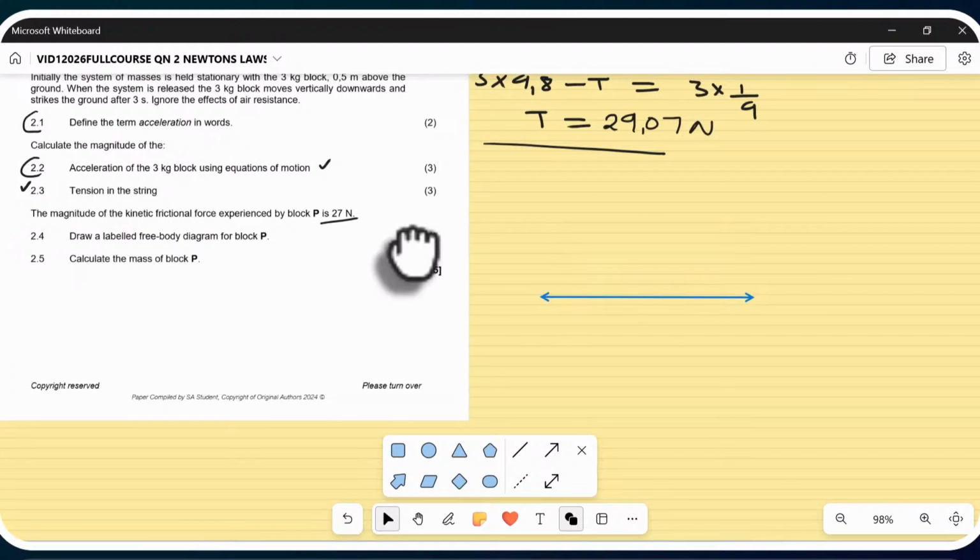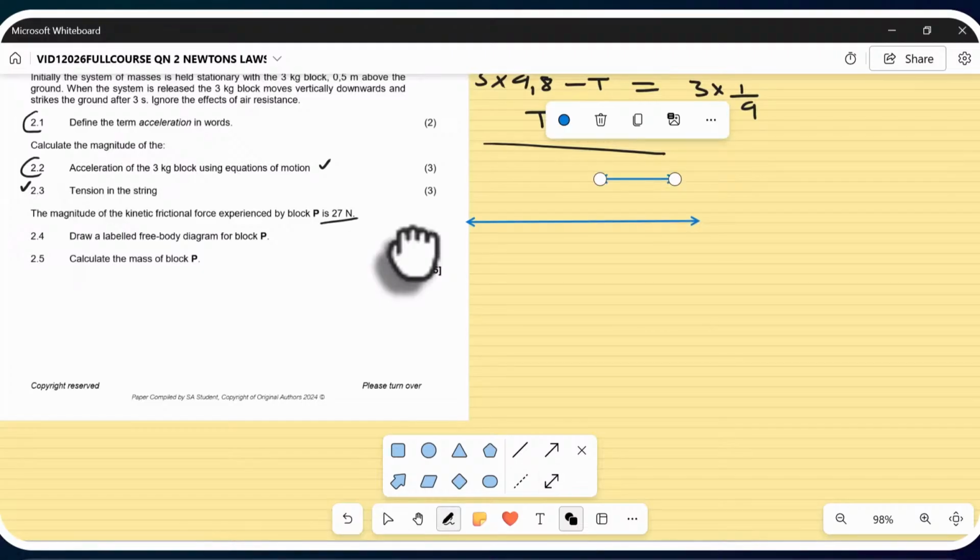Now looking for the mass of P. Because it's moving, and the friction is given to me as 27, right?